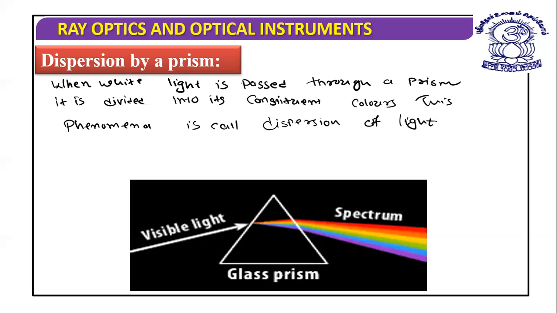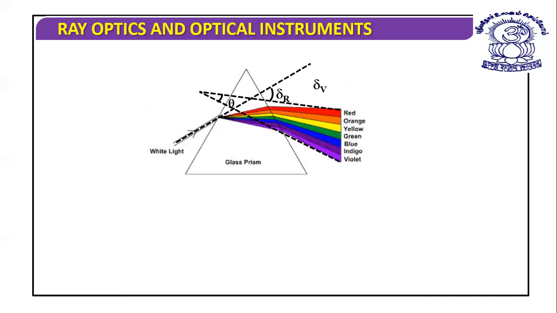This is due to the refractive index of the prism. The refractive index of the prism is different for different wavelengths of light. Here in this figure, we can see that white light is incident. This is the actual direction of the incident ray.